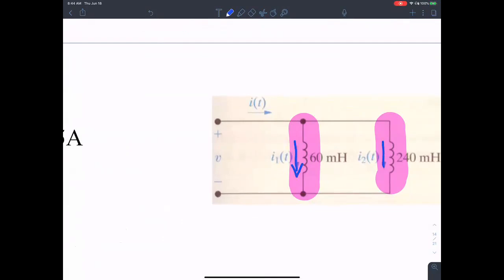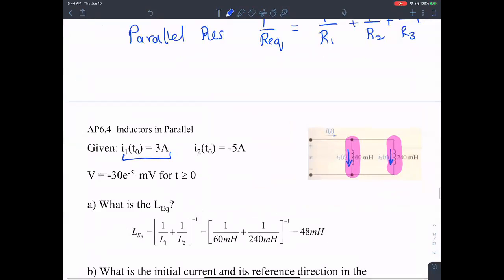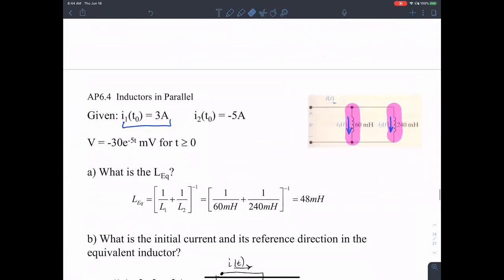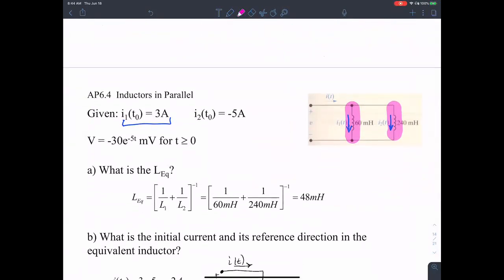You know the current flowing through the other inductance as well. And you're asked to find the initial current, in the reference direction.